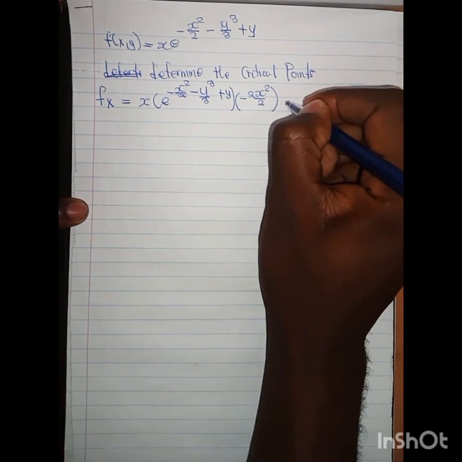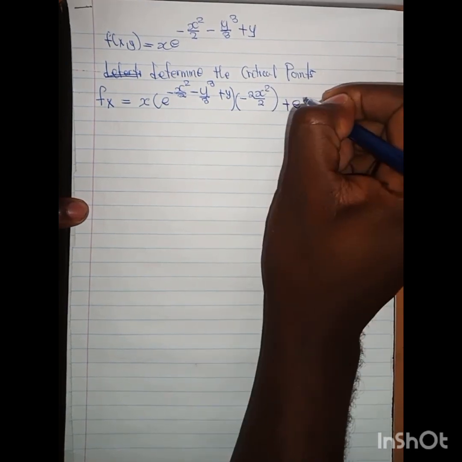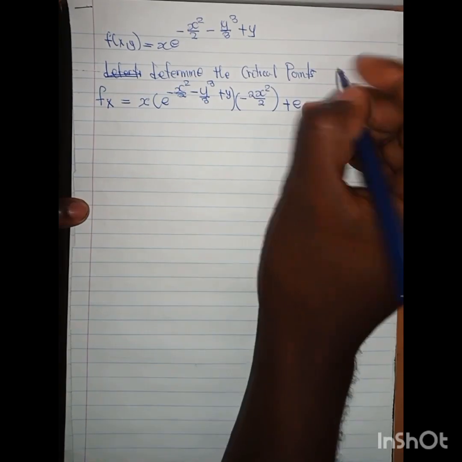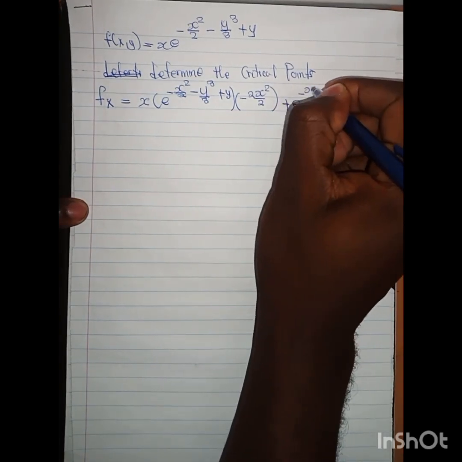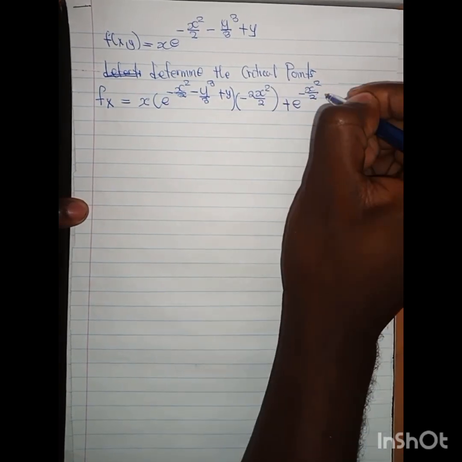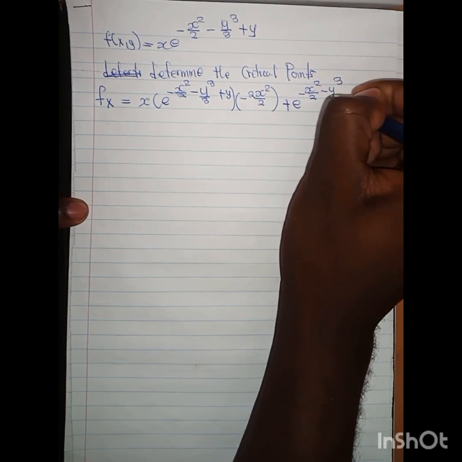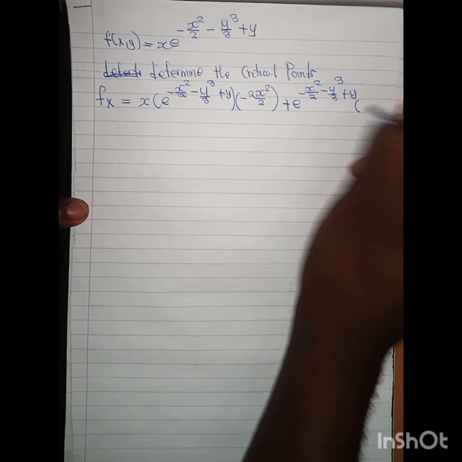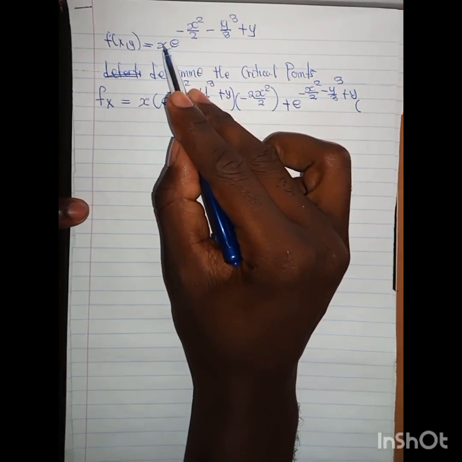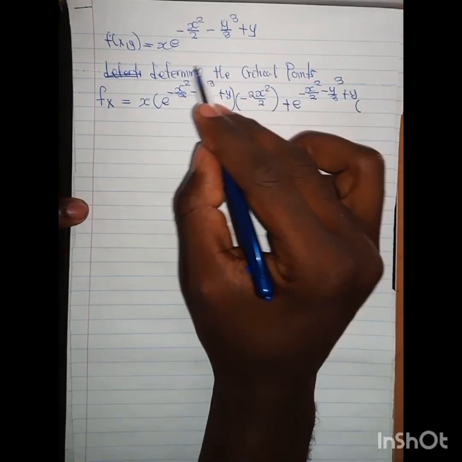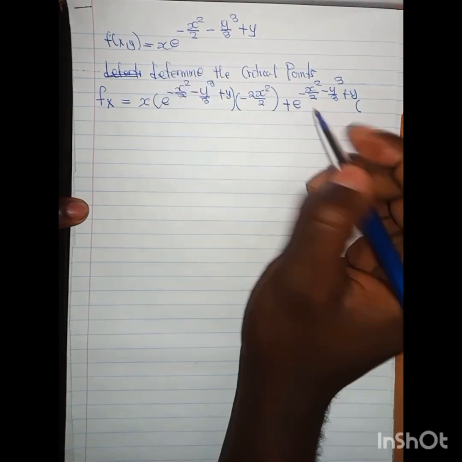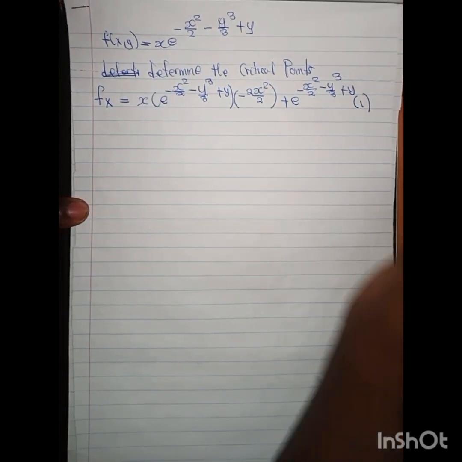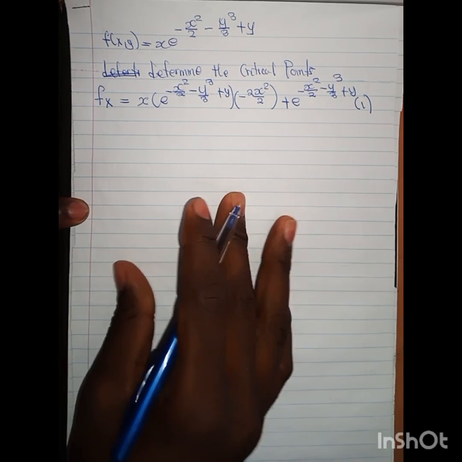Then it's a product rule. Then plus, then we keep the second term, e to the negative x squared over 2 minus y to the third over 3 plus y. Then we multiply by the derivative of the first term. So the derivative of x with respect to x is nothing but a 1.